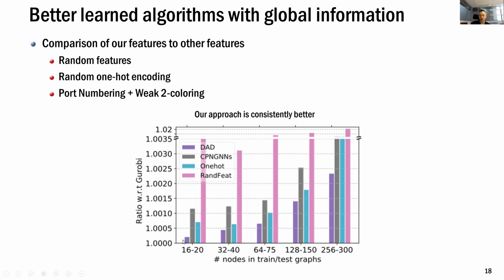So the closer to 1, the better the approximation. Okay. Other features, such as random features, one-hot, and port numbering, will give you algorithms which have a higher approximation ratio. So this figure essentially shows you that this new type of augmentation approach allows you to find potentially more expressive algorithms, and the learned algorithm is going to have a lower approximation ratio. Okay.